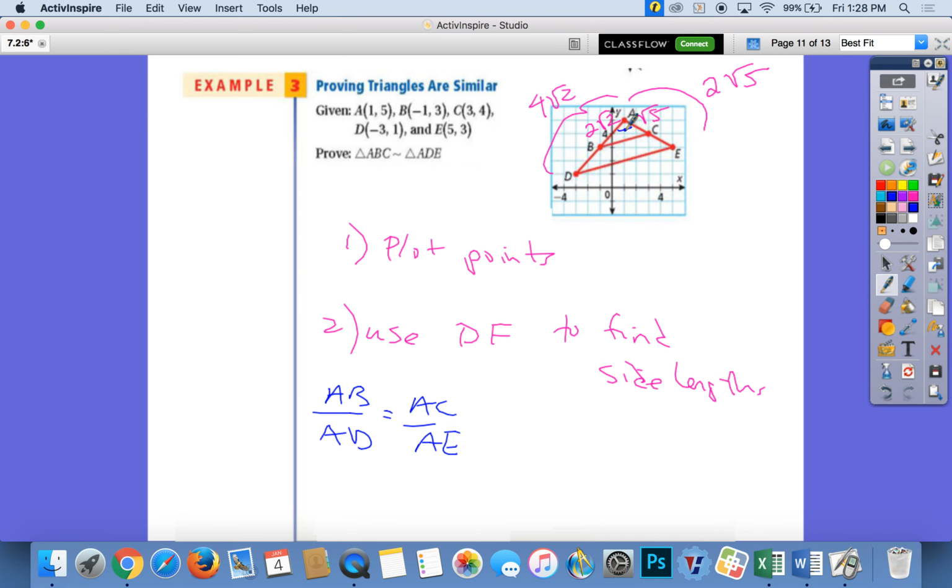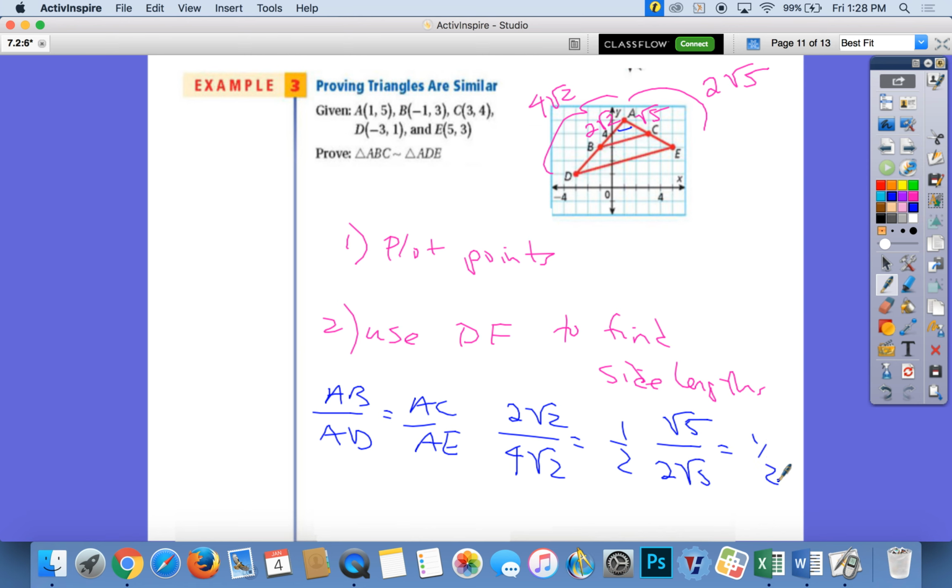So I know that AB is 2 root 2. Don't get freaked out by those square roots. 2 root 2 over 4 root 2 simplifies to 1 half. And I also know that root 5 over 2 root 5, the roots cancel, simplifies to 1 half.